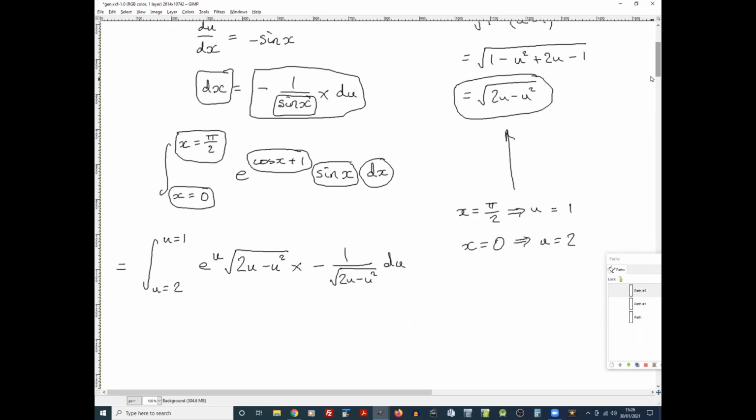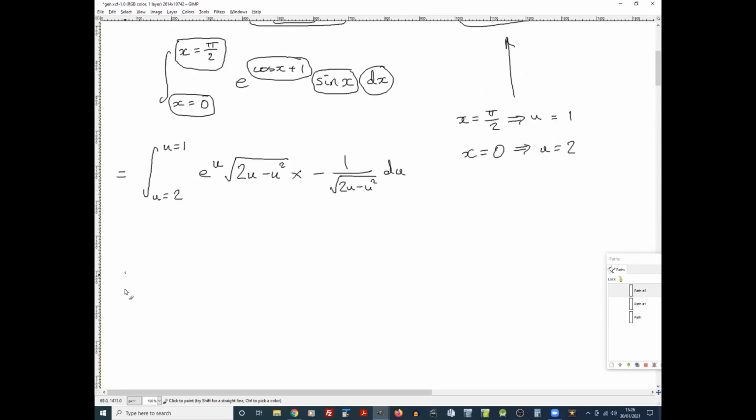Now we'll simplify a bit. What's the relationship between that integral and this one?